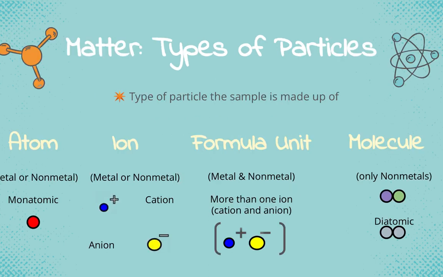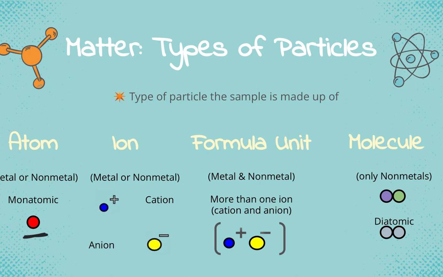So let's start with the types of particles, that first bullet point. Type of particles could be an atom. Most of you are familiar with the atom. Atoms are classified as metals, nonmetals, or metalloids. The example diagram I've given you is a monatomic atom, which means the atoms are by themselves.